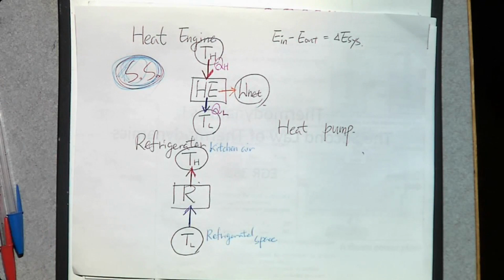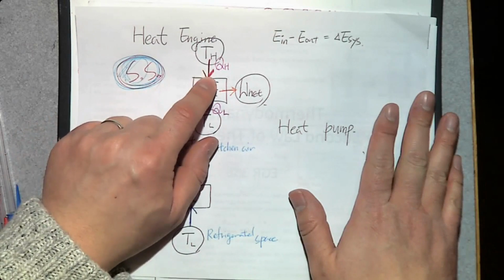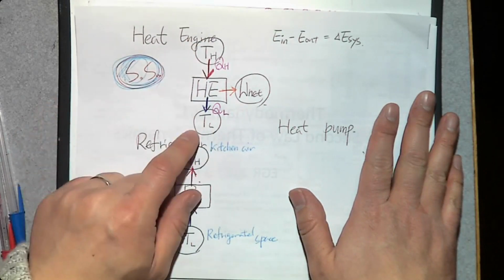But when we talk about the second law of thermodynamics, is it okay? In the previous example, heat engine, we absorb heat from high temperature because heat transfers from high temperature to low temperature.